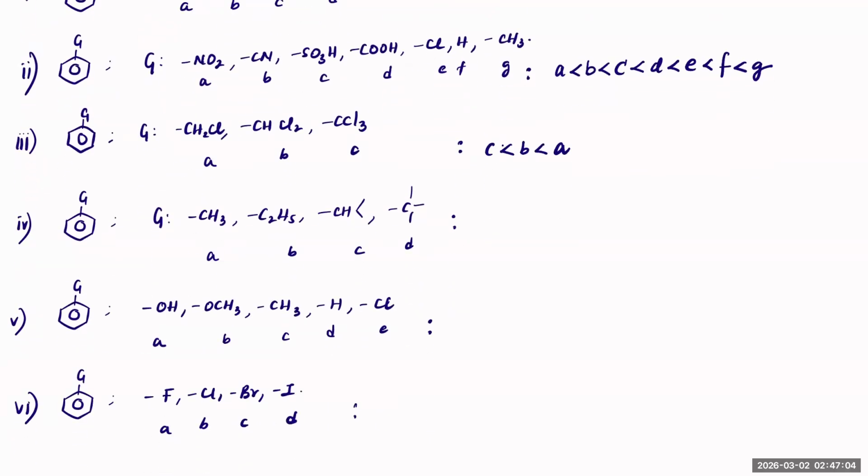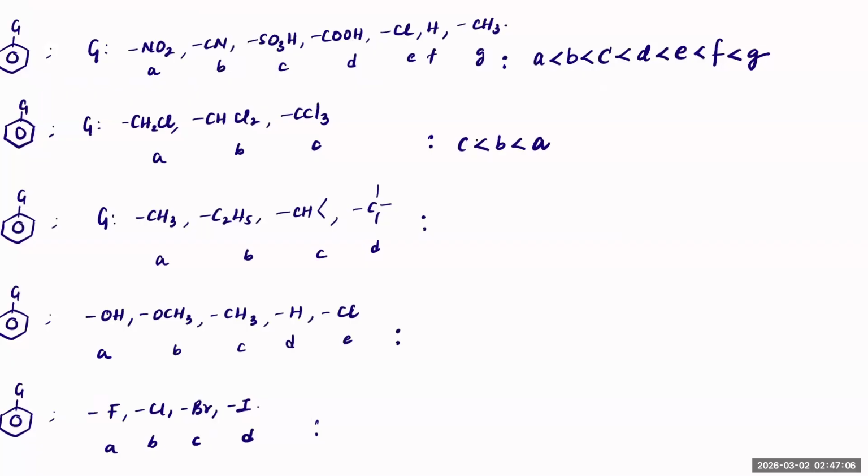Next one. This is very important here. In this case, you would notice benzene with CH3 here. CH3 will have three hydrogens, so all three will be hyperconjugating. Here, C2H5 has two hydrogens. Here you have only one hydrogen. Here there is no hydrogen. So the more the hyperconjugation, the more the activating nature.